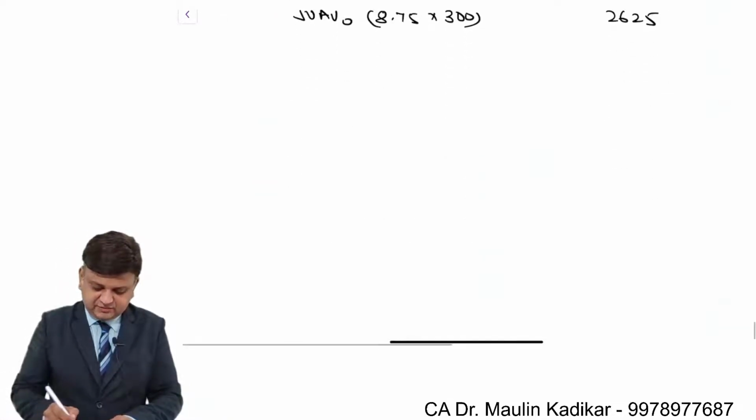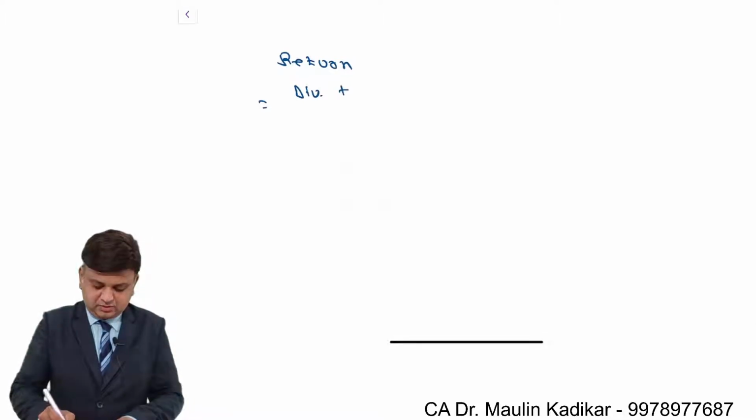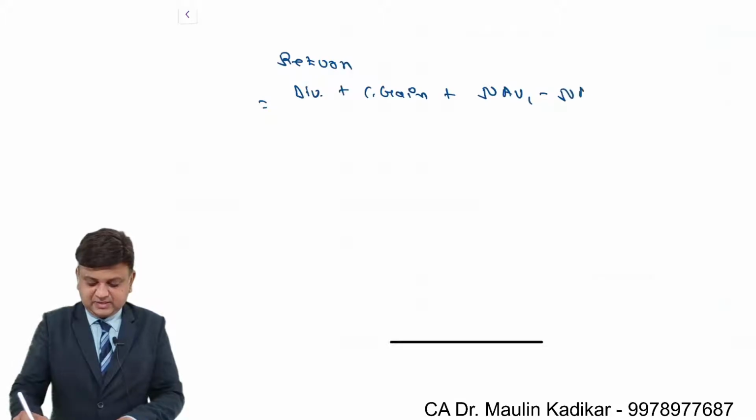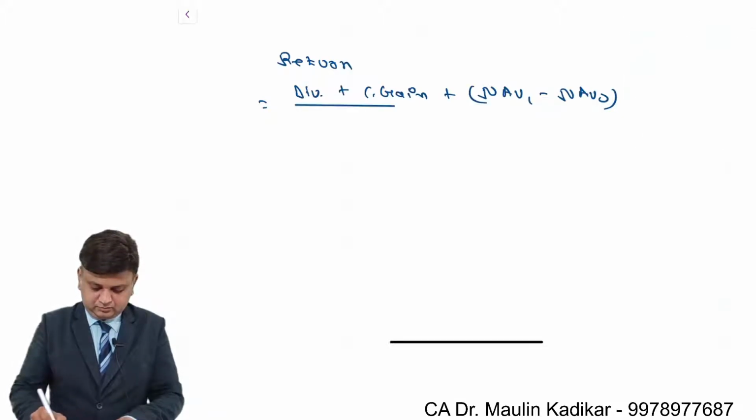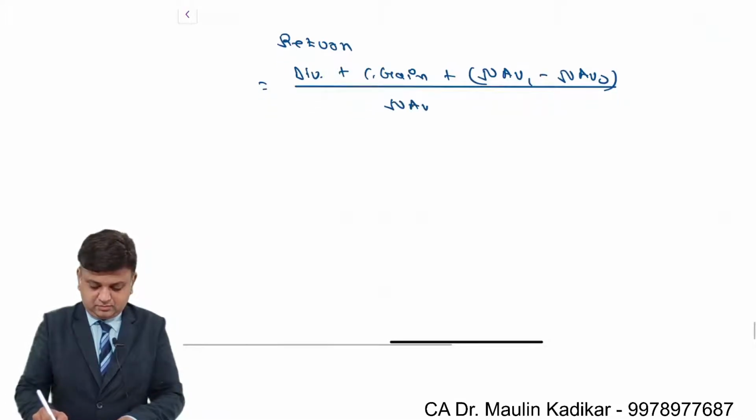So the final answer of the return is dividend income distribution plus capital gain income distribution, NAV 1 minus NAV 0, divided by NAV 0, into 100.